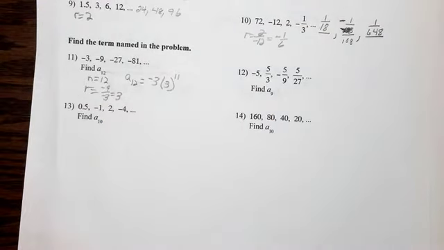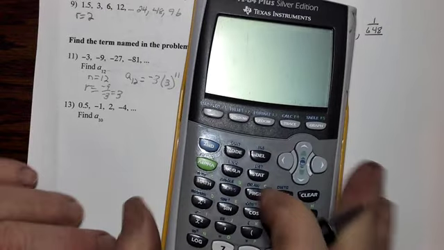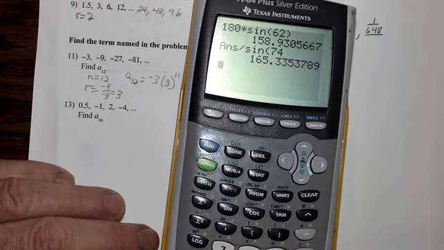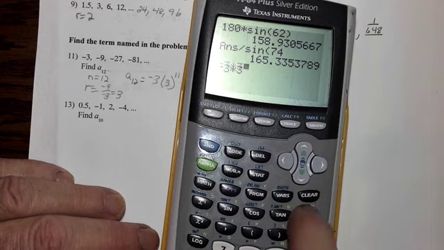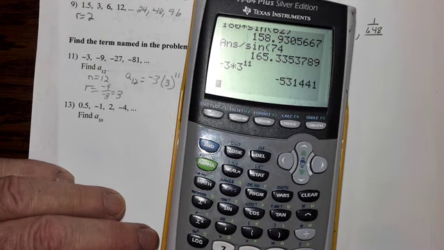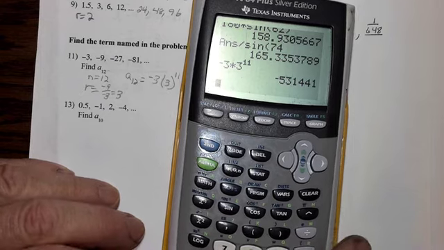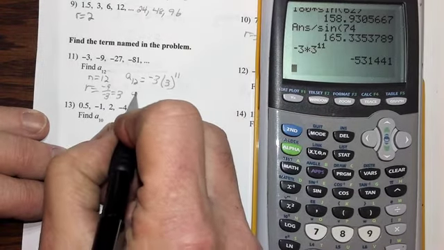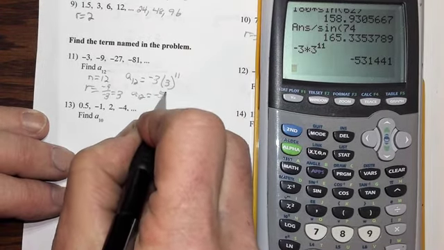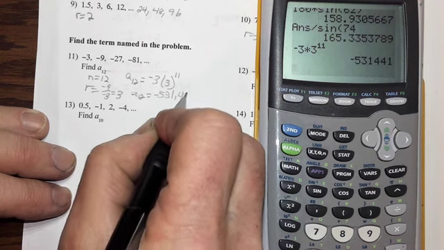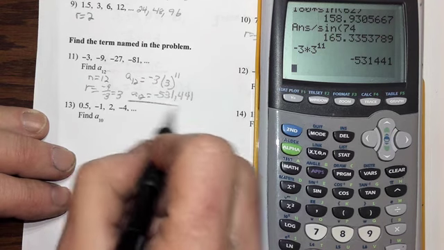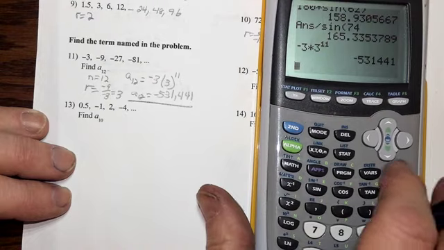And then it's a matter of taking the calculator and working that out. We're going to go negative 3 times 3 raised to the 11th power. Negative 531,441. So a sub 12 is negative 531,441. And there's my answer.